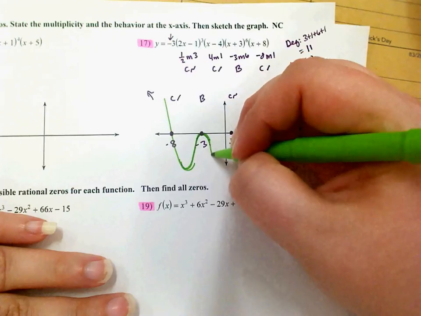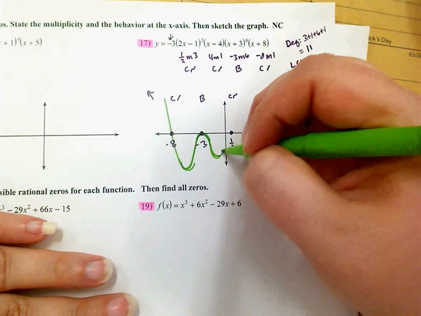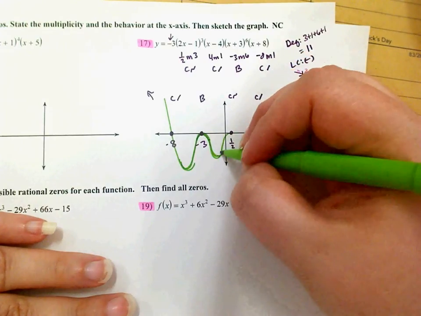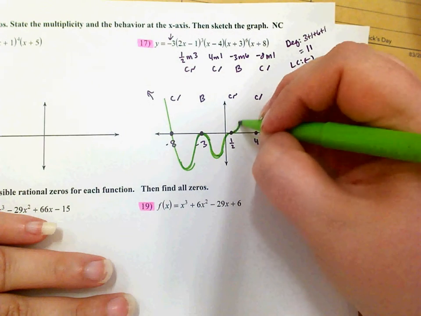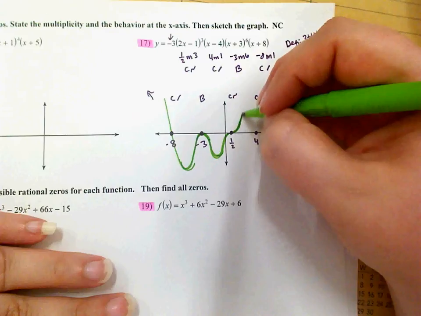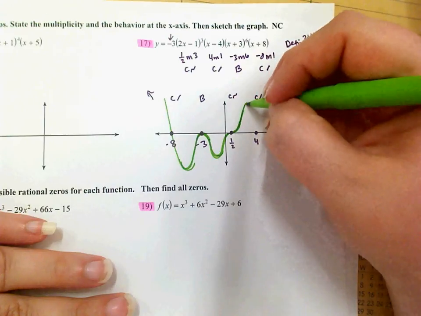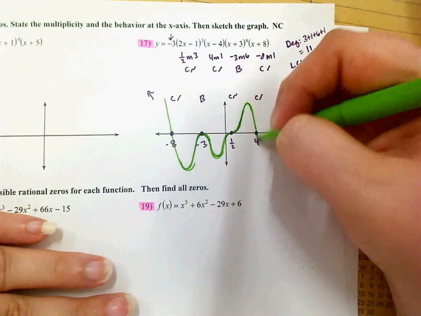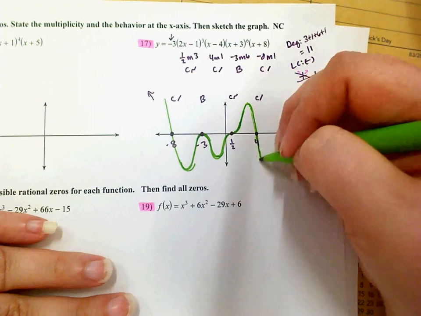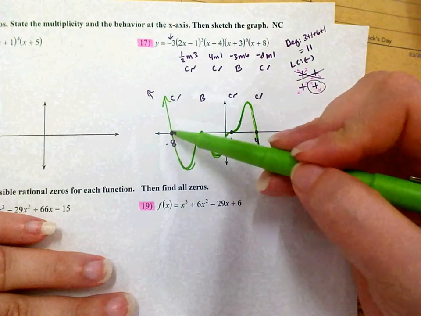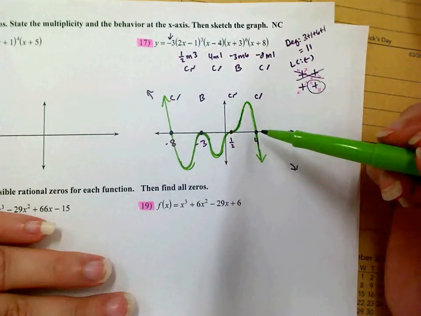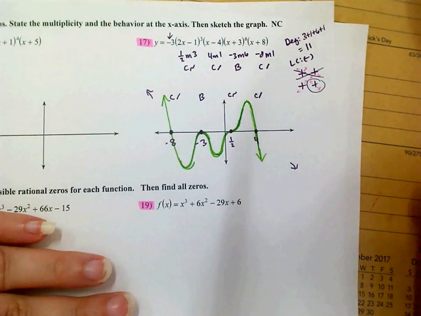So I pretend like I have another max there, and then I just keep on going as if it was a min. And then I need to come back down and cross straight through. And there you go. Okay, I'm going to be picky that you actually cross and bounce at those numbers that you labeled, so make sure that you're as precise as possible.